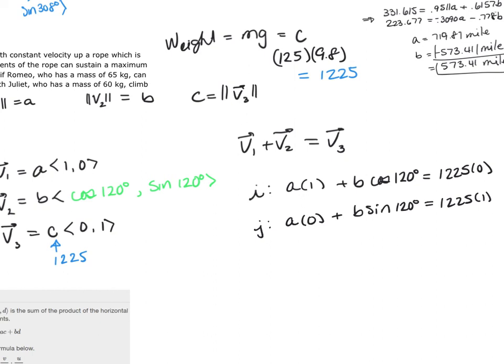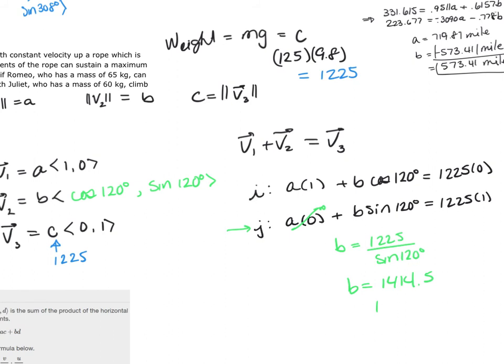So I can get my B with this second equation right here, because the A term goes to 0. B is equal to 1225 divided by the sine of 120 degrees. So 1225 divided by the sine of 120 degrees gives me, bam, 1414.5.